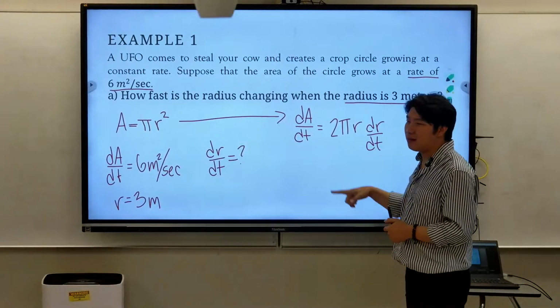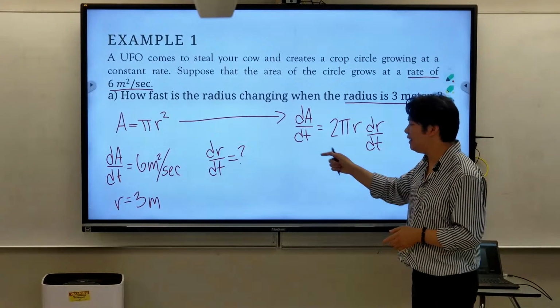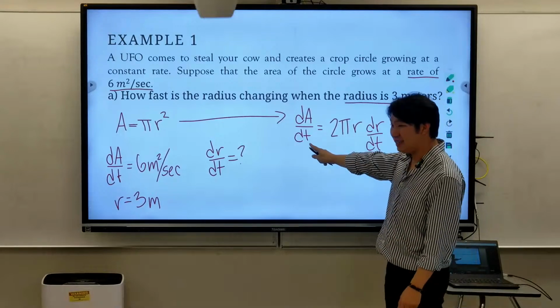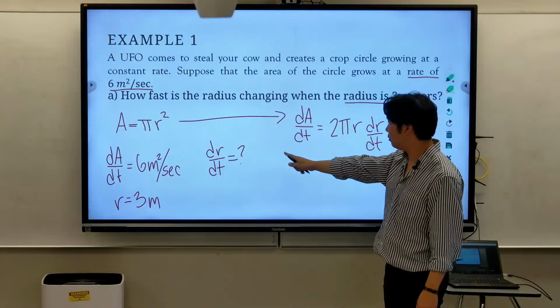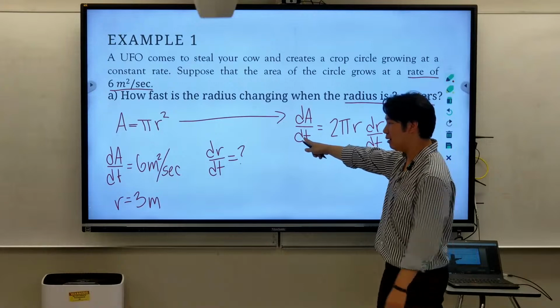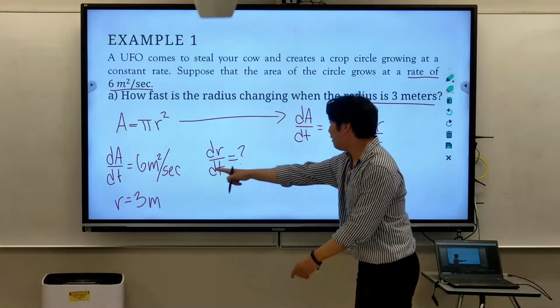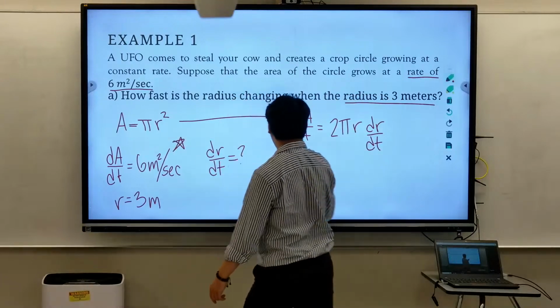So I claim that this is perfect for us to get dr dt. And here's why. What's dA dt again? Yeah, dA dt is 6, right? We have that right here.